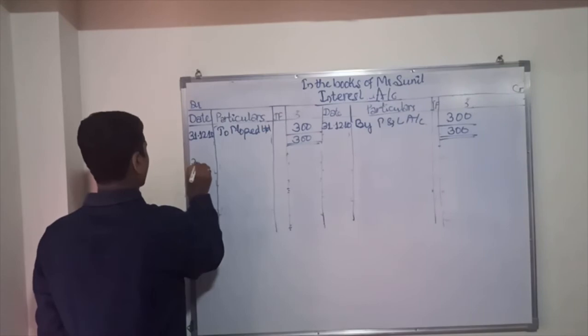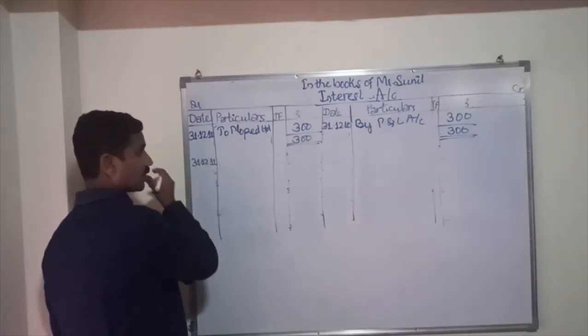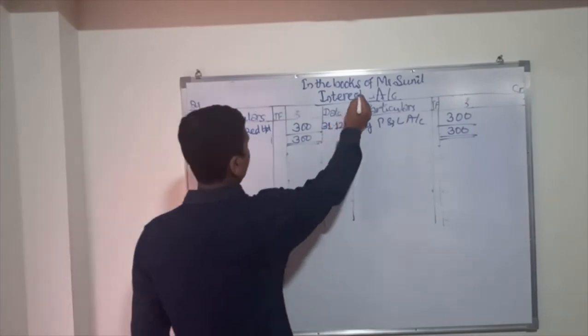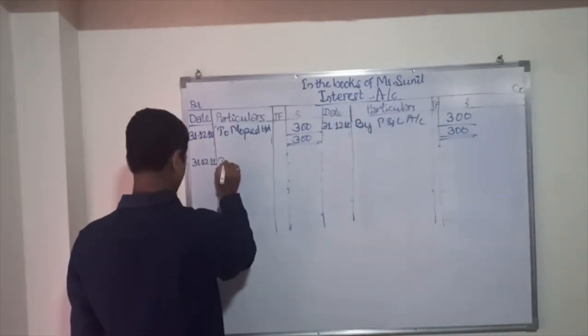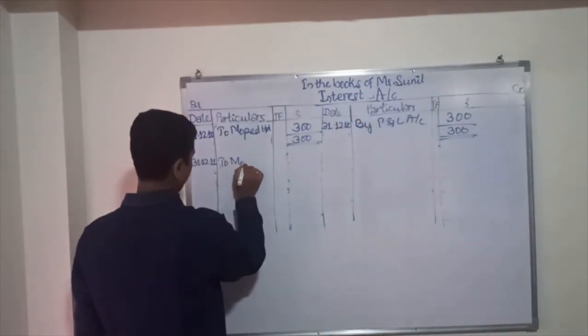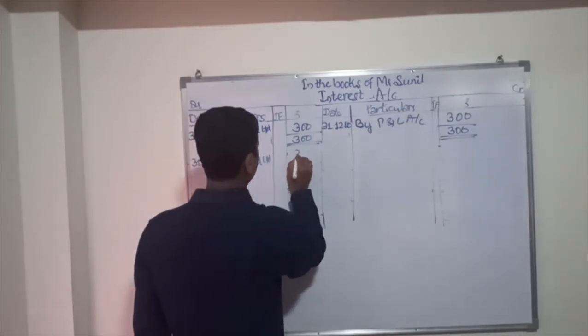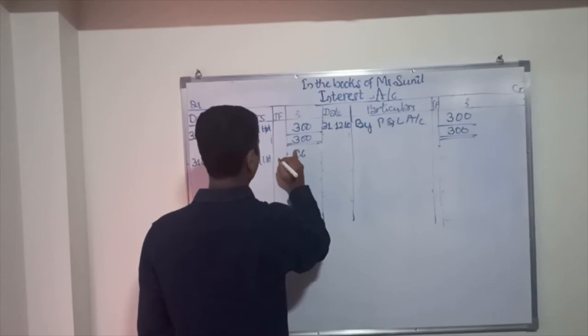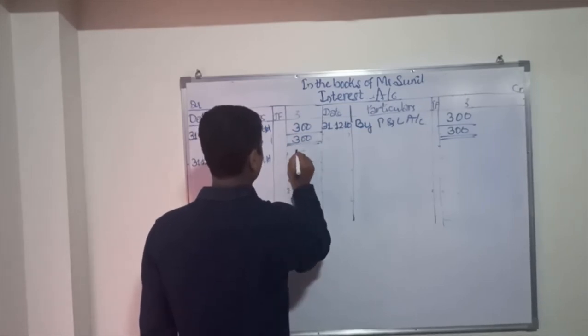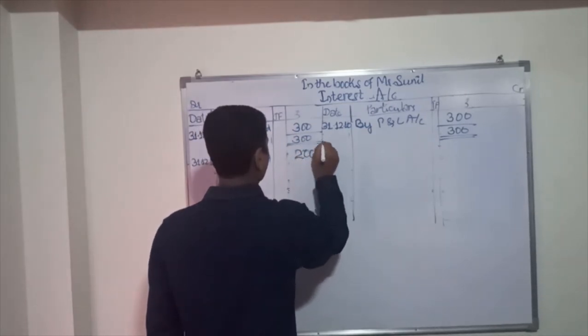Similarly, for the second year, on 31st 12 2011, when the interest is due, interest account debit to Moped Limited, 200.